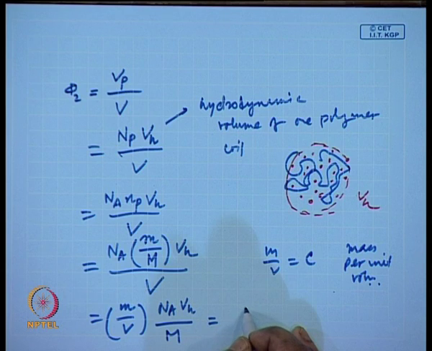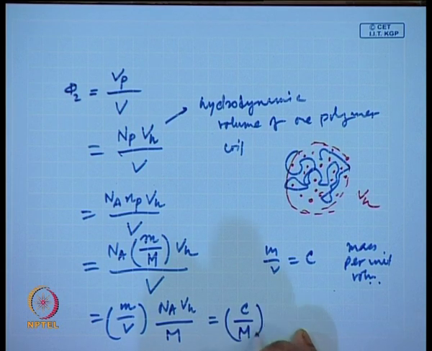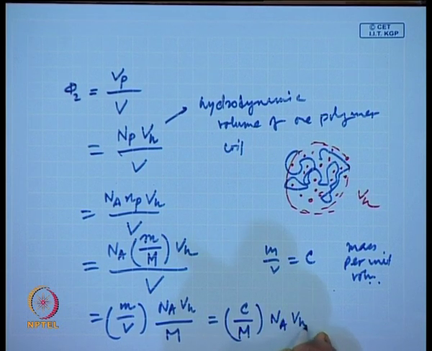So, we can write this as C by M times Na VH.